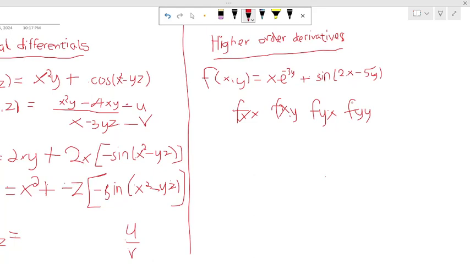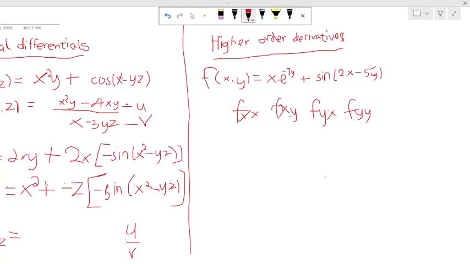Now our function f of x, y is given by x e to the power negative 3y plus sine of 2x minus 5y.